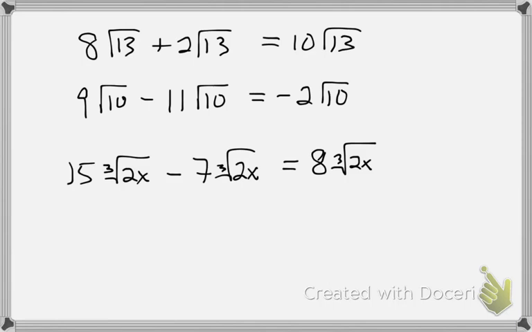They're like radicals. What's the index? 3 for both of them. What's the radicand? 2x. Since they have the same index and they have the same radicand, they're like radicals. They're also like terms, so we can add them together, or in this case, subtract. That's the same thing, unadding, right, if you will.